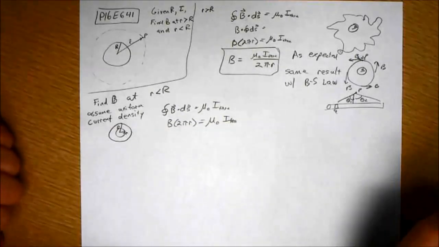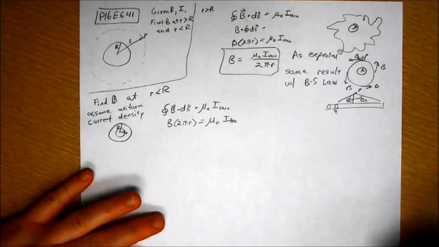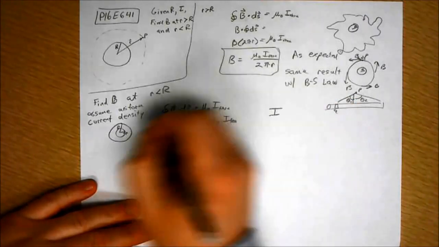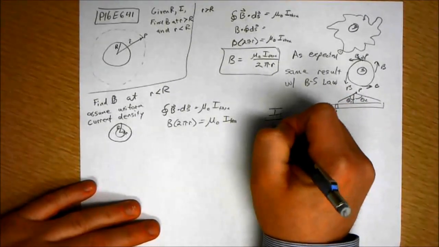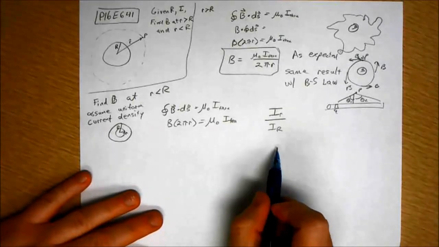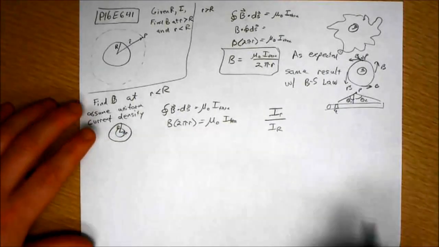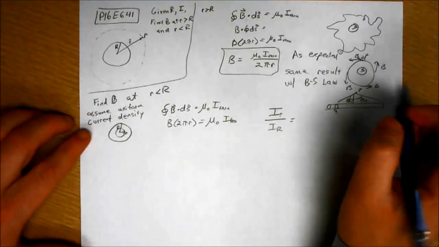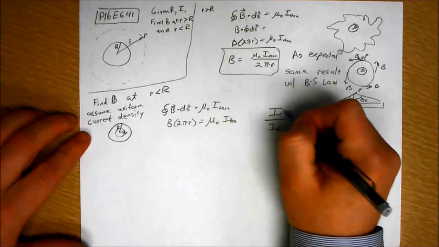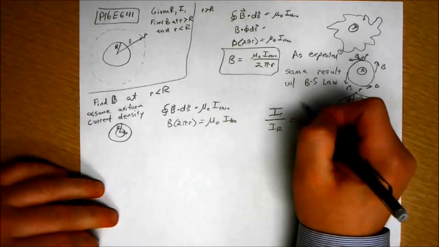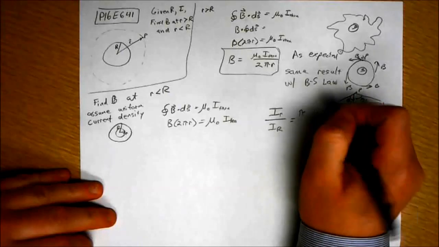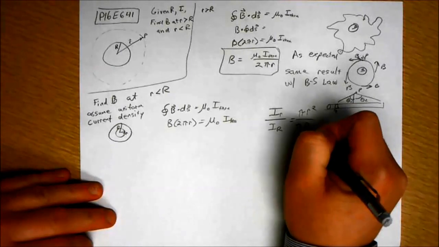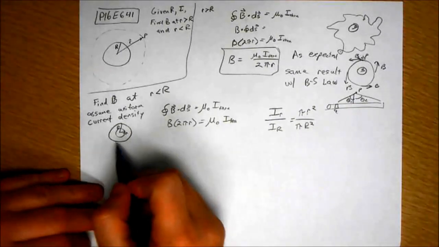But what actually is the current running through there? Well, let's say we take a ratio of I through over the total current, and I'll call that I sub big R, because big R is the radius of the wire. Well, we know that's going to be proportional to the area because we're assuming uniform current density. So the area that this current passes through is pi r squared, and the area that the total current passes through is pi capital R squared, because this is the whole cross-sectional area of the wire.